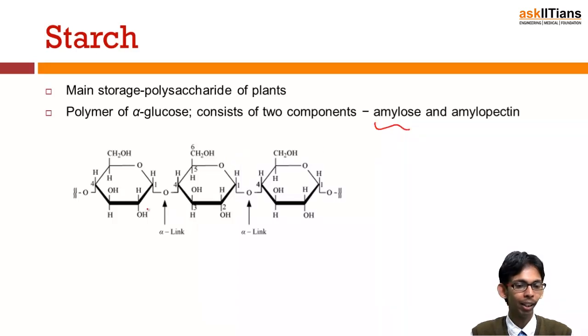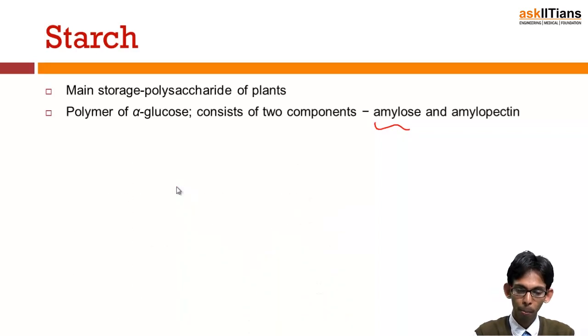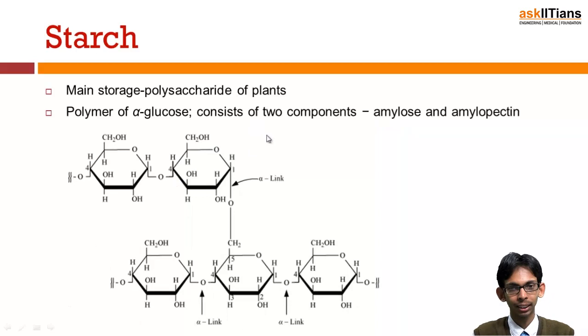You can see from here in amylose the alpha D glucose units are linked together in the form of a chain. But when there is some side linkage, when two side chains are linked together through some alpha linkage, it is known as amylopectin. So in amylose there is no side linkage, only a straight chain, while in amylopectin two different chains cross-link together.